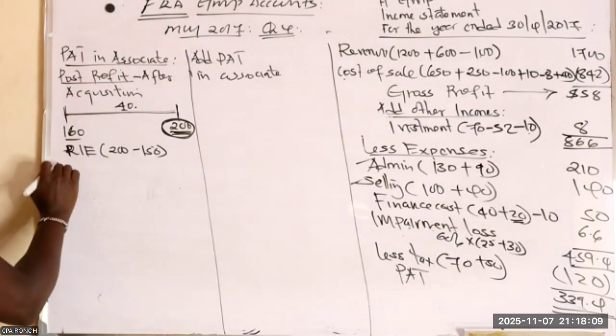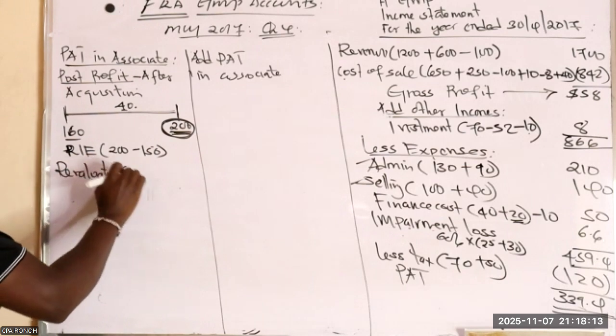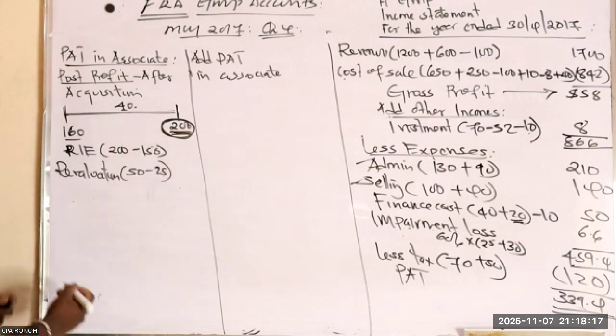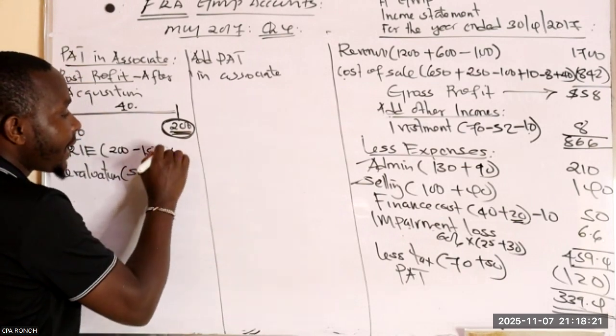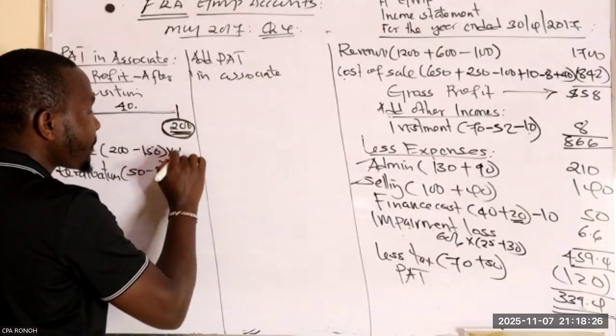So we have revaluation, which is 50 minus 25. Now, the amount you are getting here, you multiply by the percentage of the associate. We only own 40%.